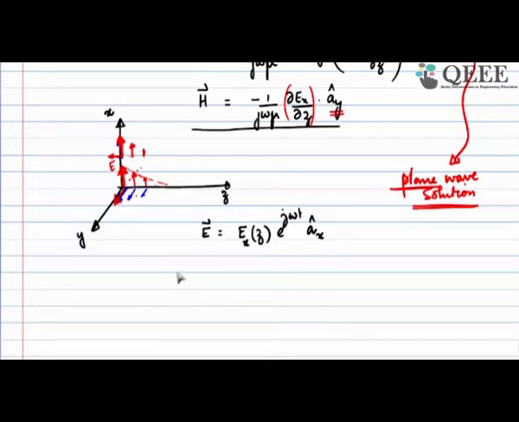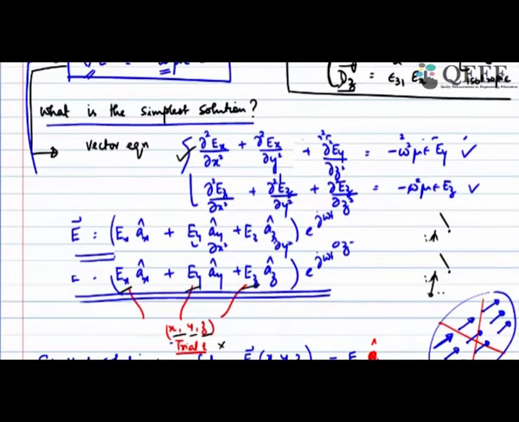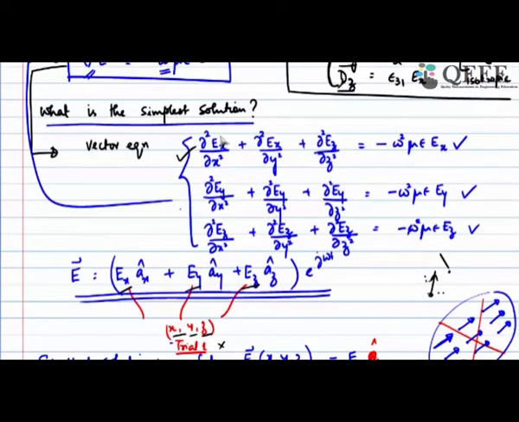And what is my equation? My equation was, remember, del square E is minus omega square mu epsilon E, out of which I have only the x components surviving. There are no y and z components, and the variation is only along the z direction. So out of these 3 equations, I have only the equation for the x component.